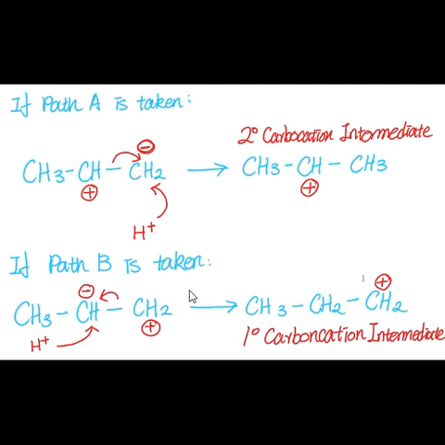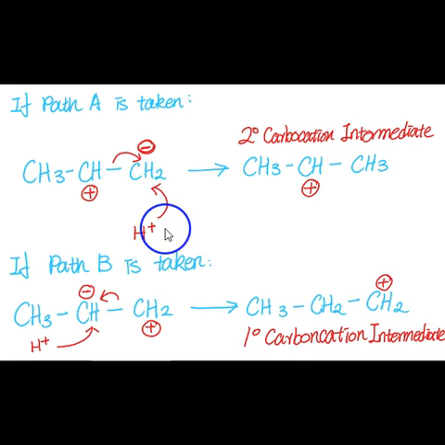Now, to understand why the Russian scientist Markovnikov observed that the hydrogen will attach to the carbon with the most amount of hydrogen, while the halogen attaches to the carbon with the least amount of hydrogen.